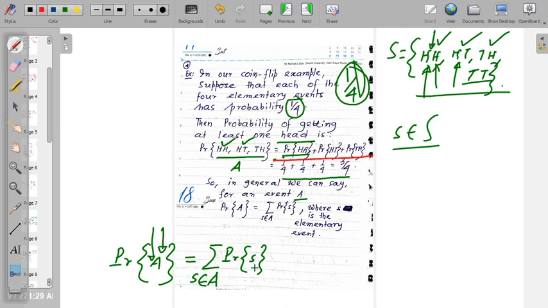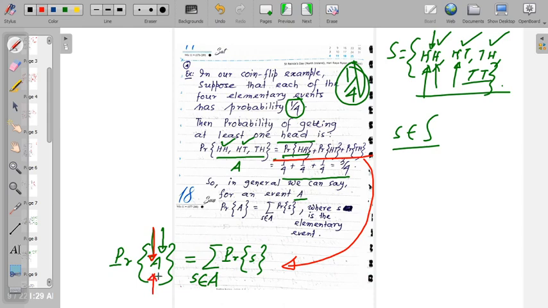So this is transformed into a formula like this. In general, whatever elementary events make up A, if I sum up the probability of each individual elementary event, I will get the probability of this event A.